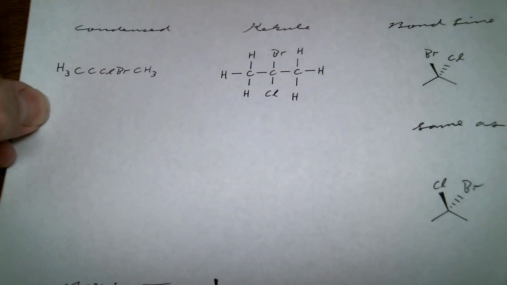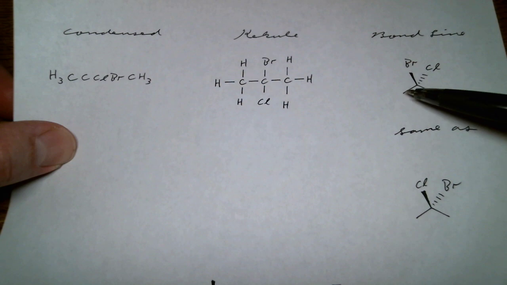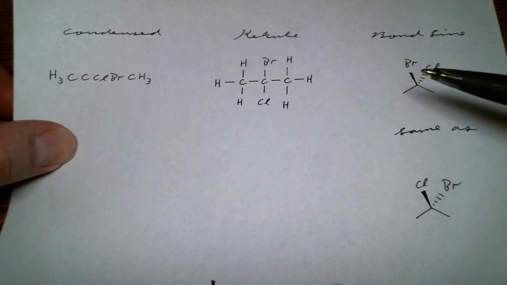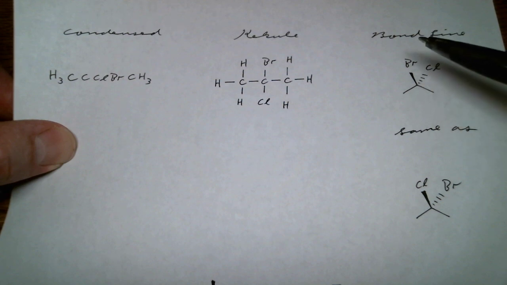Our bond line structure now has the 3 carbons in the plane of the page, with the bromine atom possessing a wedge in this representation and the chlorine atom possessing the dashed bond.